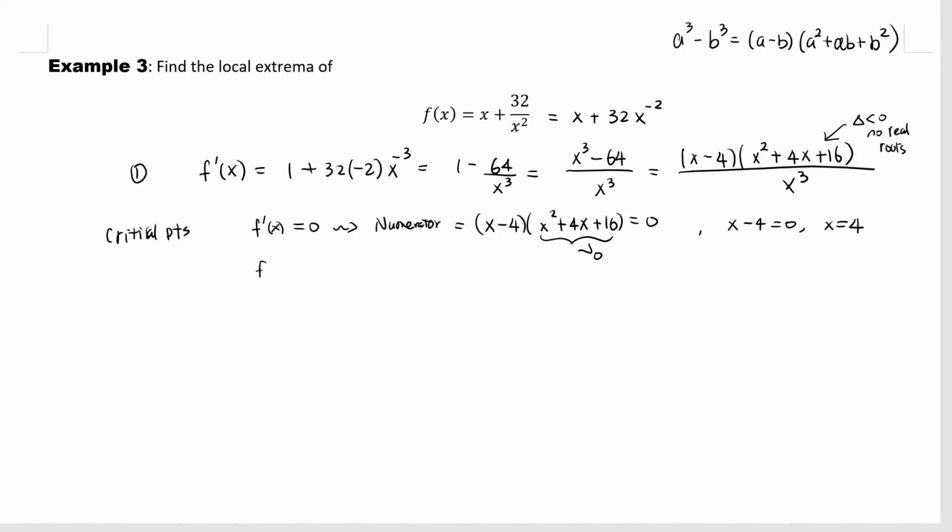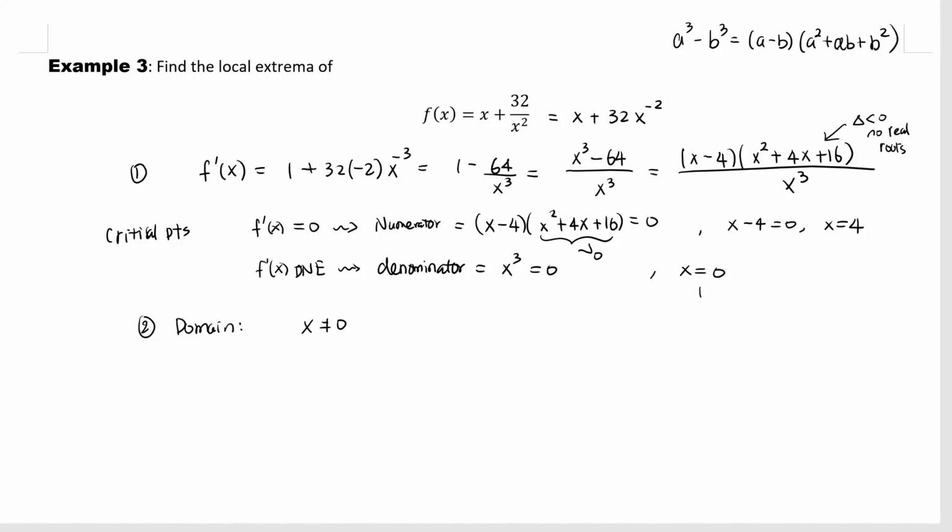Okay, and we can have f prime does not exist. That is when the denominator is 0, which gives us x is 0. So let's see, what is the domain? We have fractions, so the denominator cannot be 0.